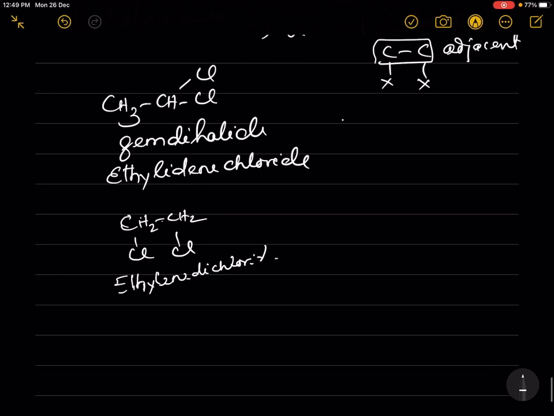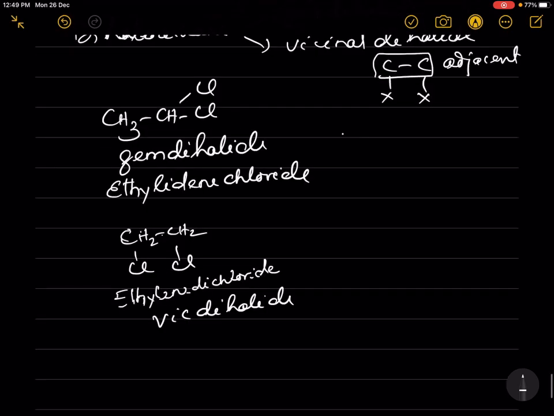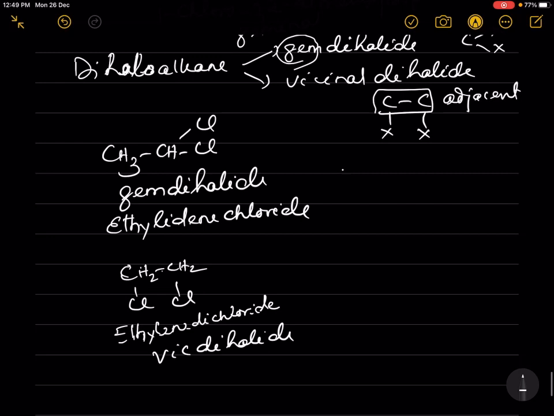This is a vicinal dihalide, or you can say vic dihalide. Its IUPAC name is 1,1 dichloroethane, and this is 1,2 dichloroethane.